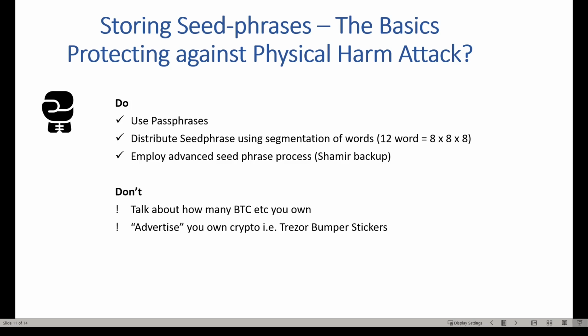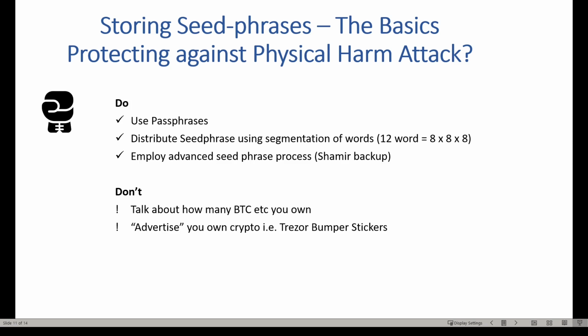So it's what we call plausible deniability. They're never going to know how many passphrases you have on that device. So you could have your seed phrase segmented into and protected by a number of different passphrases, which no one would ever know the total amount you've got.